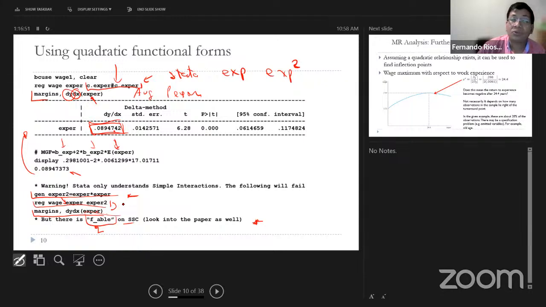If at some point you want to do marginal effects for more complicated models, it might be useful. For now, forget about this. Stick with making sure that you're making the interactions directly at the beginning of the model, or rather when your model is being estimated.